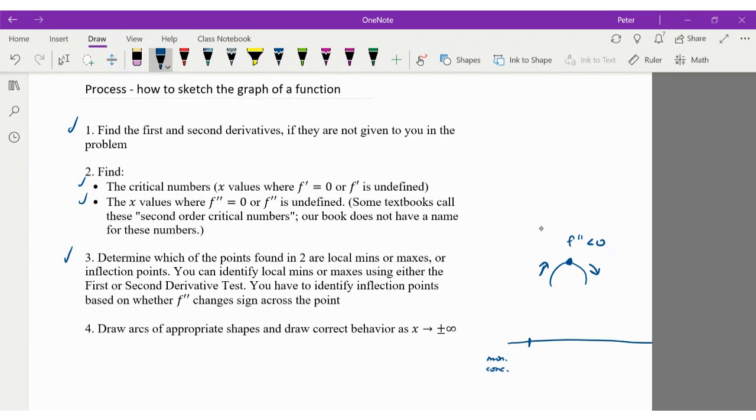So if I know, for example, that the monotonicity is increasing and the concavity is decreasing, and that here the monotonicity is increasing and the concavity is, sorry, is concave up, I meant instead, then what I know is that this point must look like that. In other words, it's increasing and concave down to the left, increasing and concave up to the right. So you can put in those little shapes and basically get what the shape of the graph looks like from that.